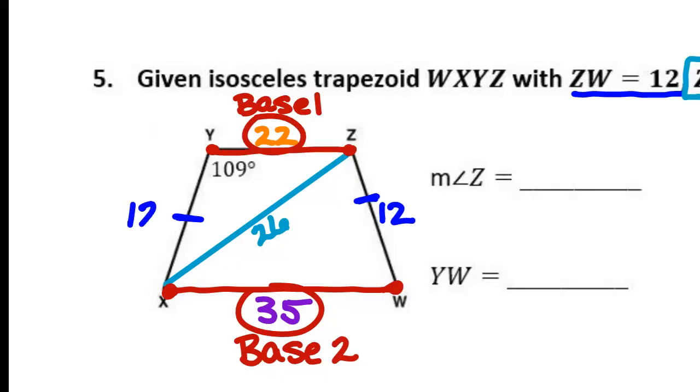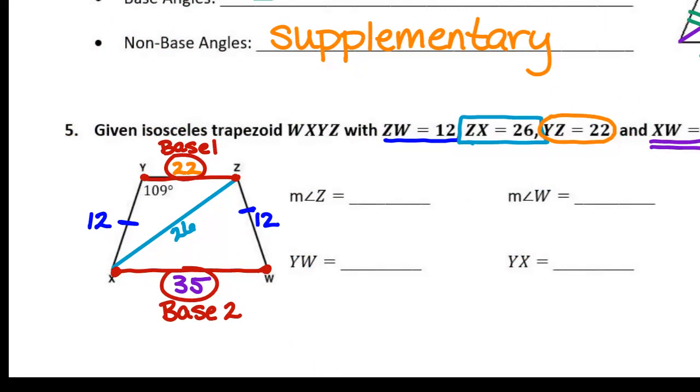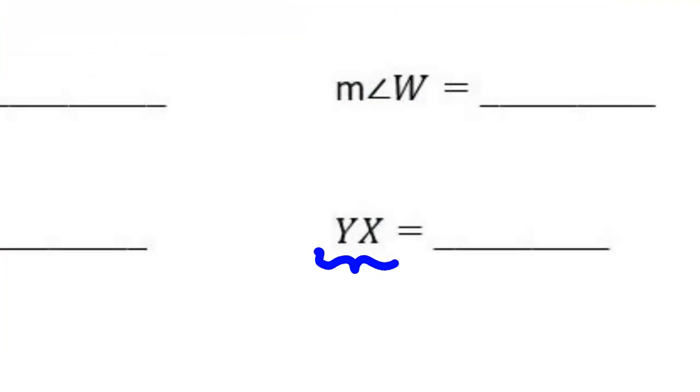ZW is 12. Is that one of the questions that was asked? Where's it at? Top or bottom row? Bottom, right there in the middle. This is a leg. And we know that that is 12.